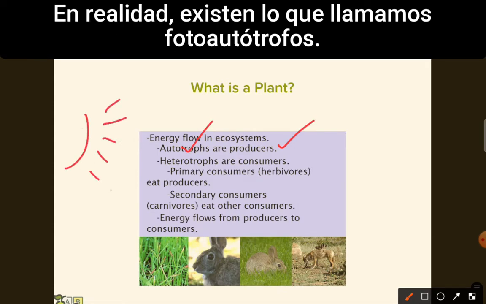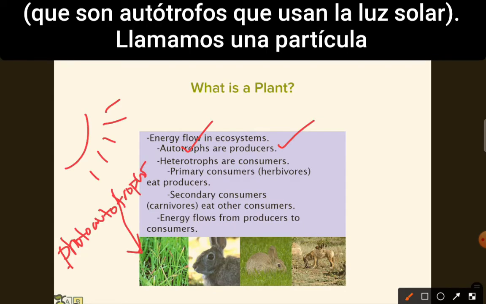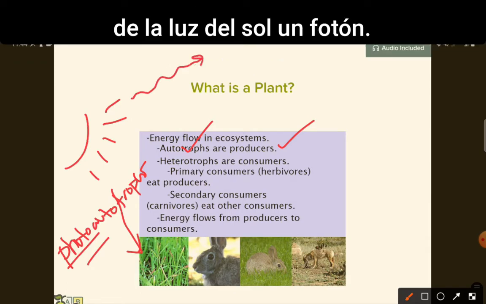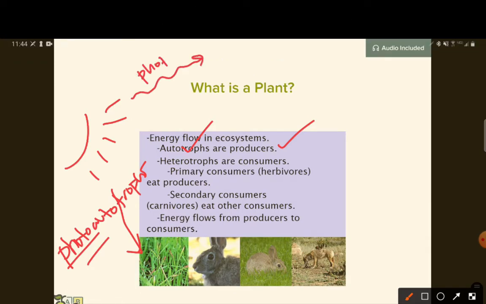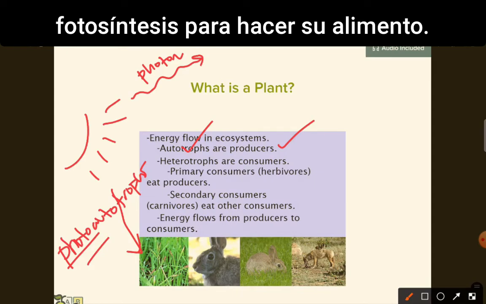There are what we call photoautotrophs, which are autotrophs that use sunlight. We call a particle of light a photon, which is why we call them photoautotrophs. And then they use photosynthesis to make their food.